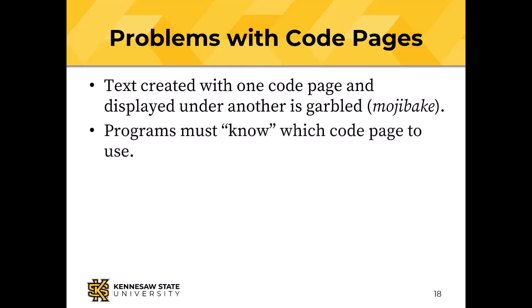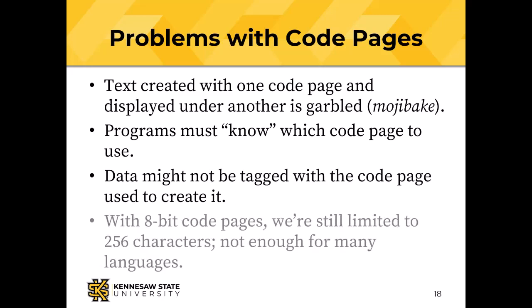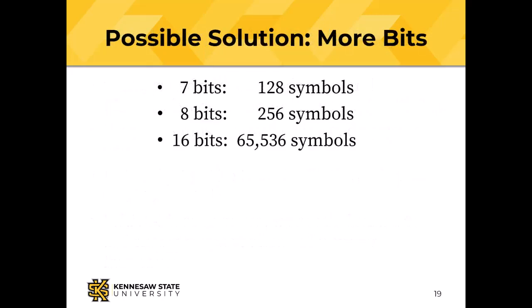That means programs have to know which code page to use, and the data might not, in fact probably isn't, tagged with the code page that was used to create it. Even worse, with 8-bit code pages, we're still limited to 256 characters, and that's not enough for many languages. One possible solution is to use more bits.